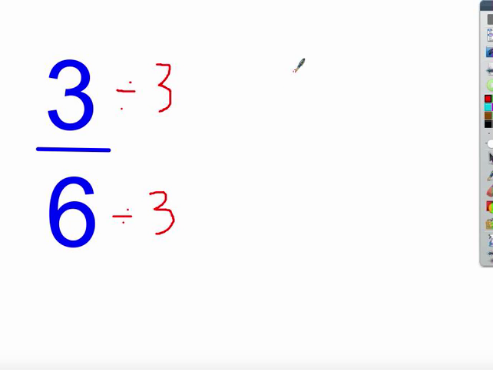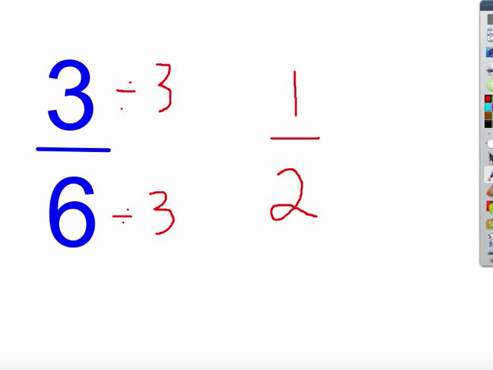So 3 divided by 3 is 1, and 6 divided by 3 is 2. Our reduced, simplest form, or simplified, would be 1/2. And you guys know that 3/6 is the same as 1/2.